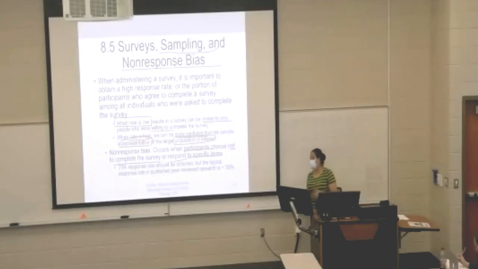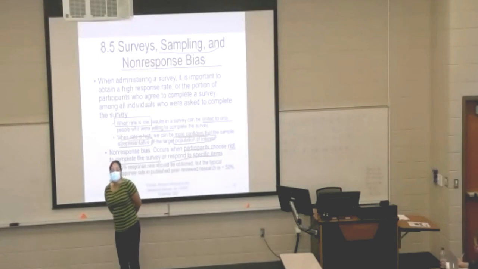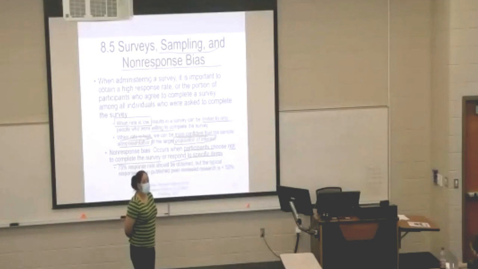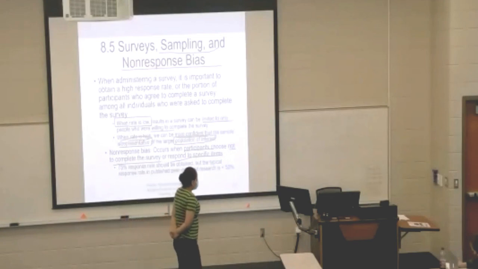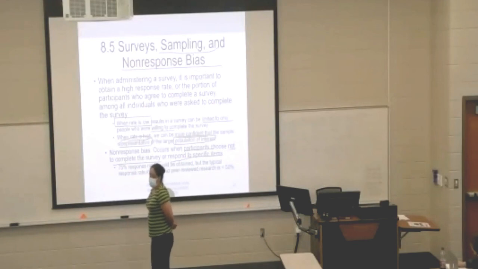Some people simply are not comfortable with continuing. Or some people would say, I'm going to answer all of your questions, but I'm not going to answer any about religion. Or I'm going to answer all your questions, but I'm not going to answer any questions about sexual trauma.